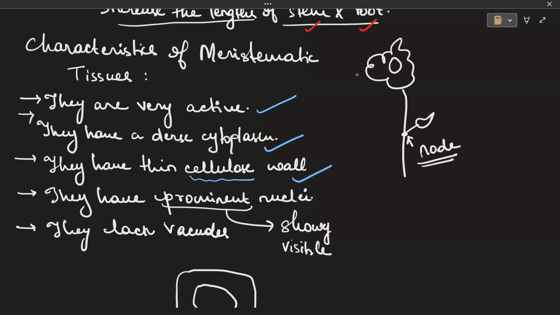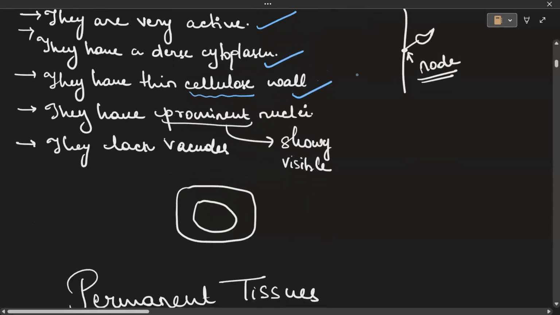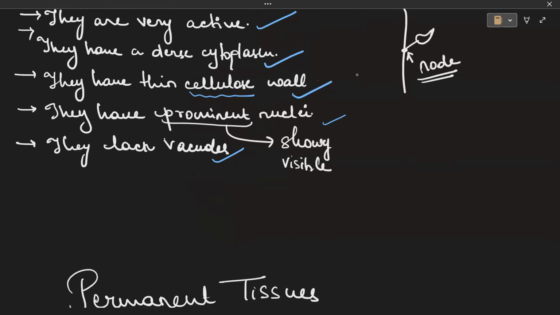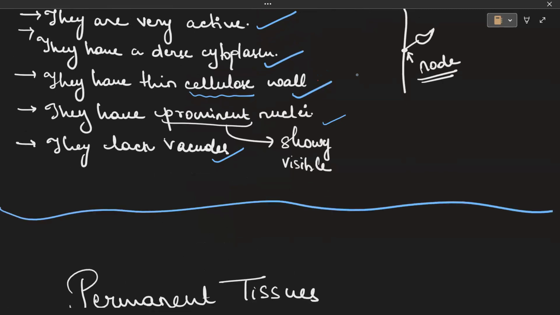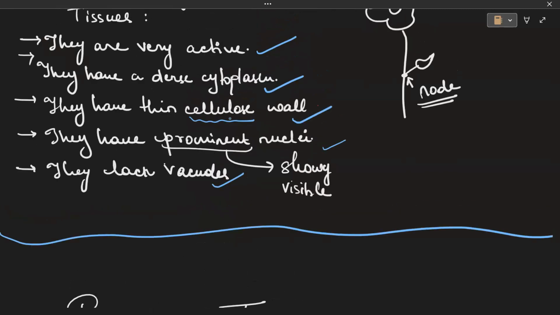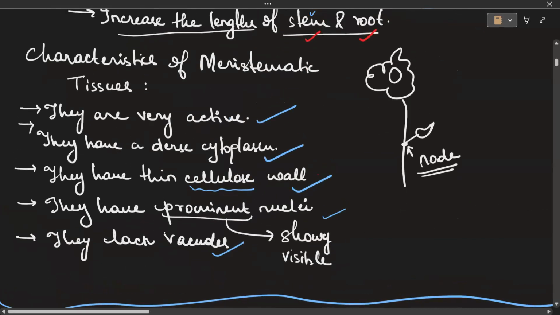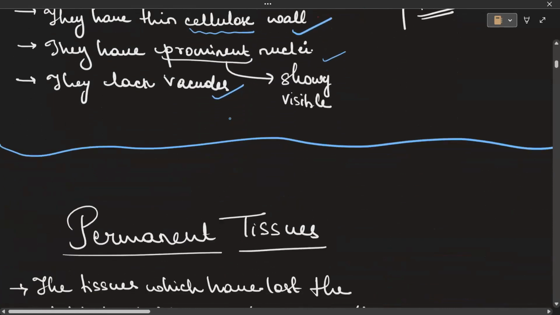Under a microscope, you can easily see the nucleus of the meristematic tissue. The meristematic tissues lack vacuoles. Vacuoles are completely absent in meristematic tissue. So these are the characteristics of meristematic tissues.